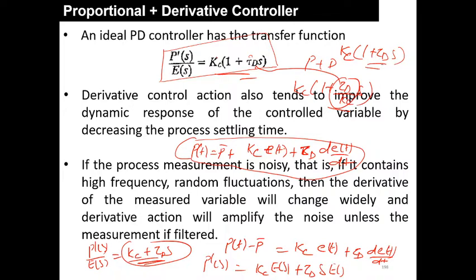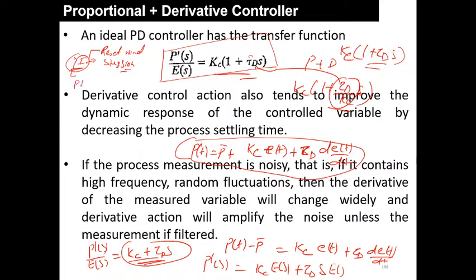Now come to the next point. We have discussed the derivative control action. What is the need of that derivative control action? We know that in the PI controller, three problems arise. First is the reset windup problem, and it is sluggish. However, the proportional controller speeds up the response somewhat, but it is not very good compared to the derivative controller.